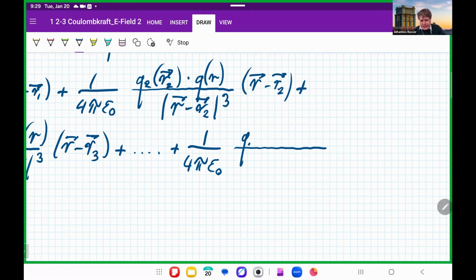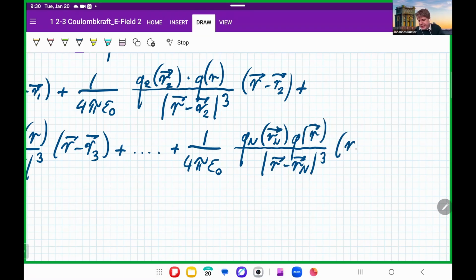This is actually quite neat because you can have an arbitrary number of charges contributing to the force on the test charge. And of course, you can use the same approach to calculate the forces on each of these charges due to the remaining charges and the test charge, because these interactions are always mutual.